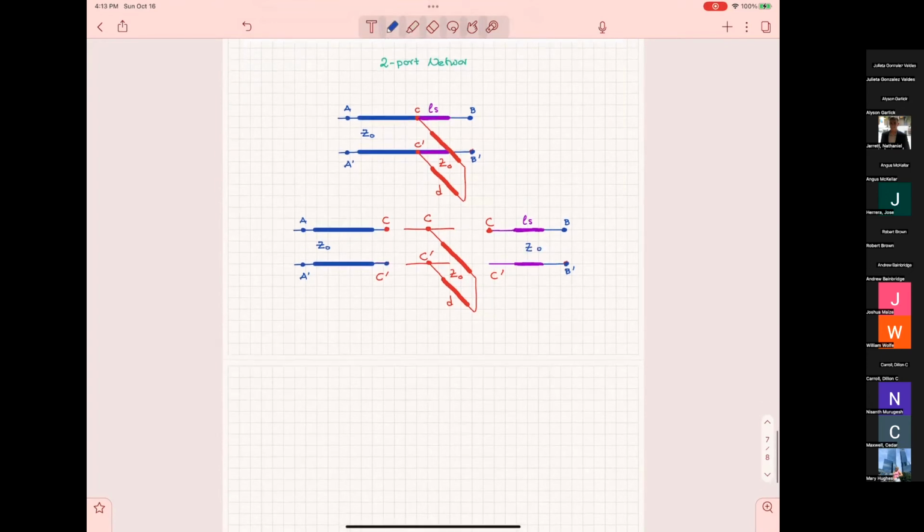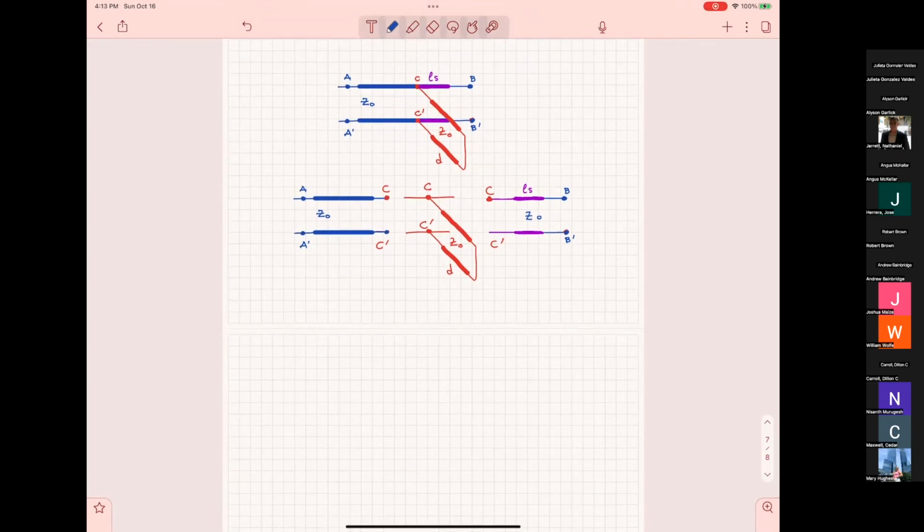Now I have 3 two-port networks. Because the stub is also a two-port, let me give it some additional names now that I split it. I will call it D, D prime, E, E prime, and F, F prime, so I'm not confused.